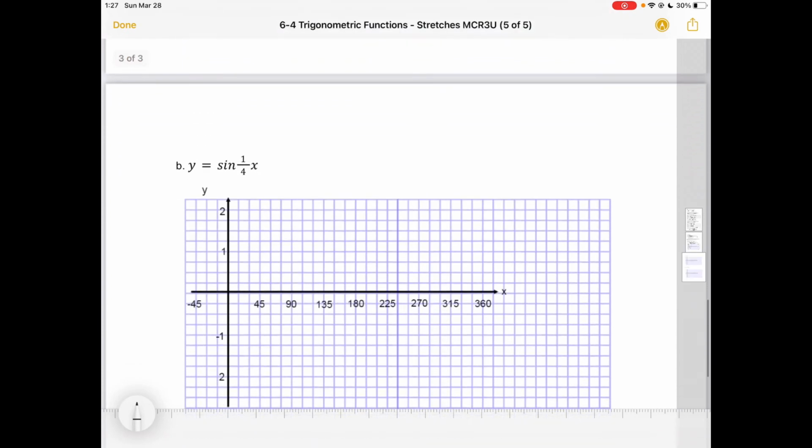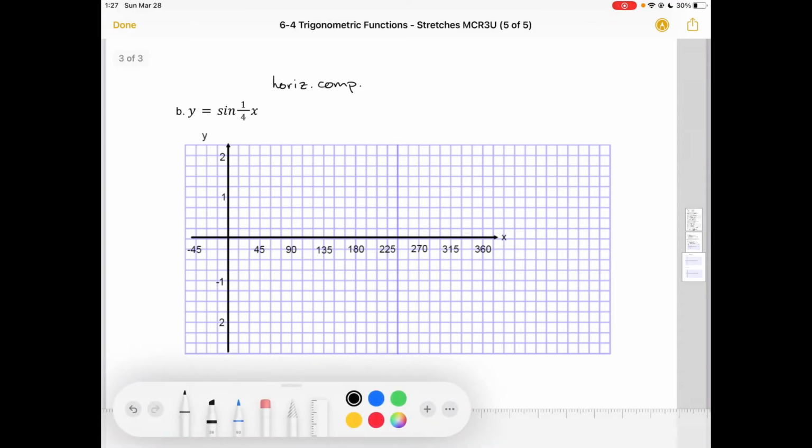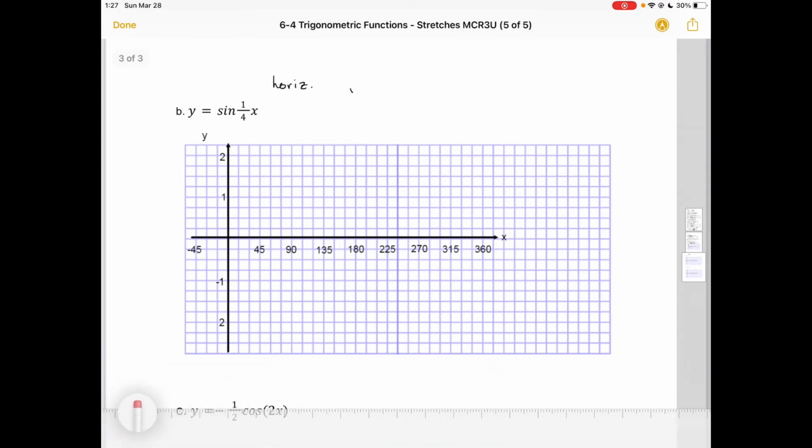Let's look at the next example, which is a horizontal compression. Here, what you should notice is that I've got not a compression, but a horizontal stretch by 4, which means that my amplitude is still the same.